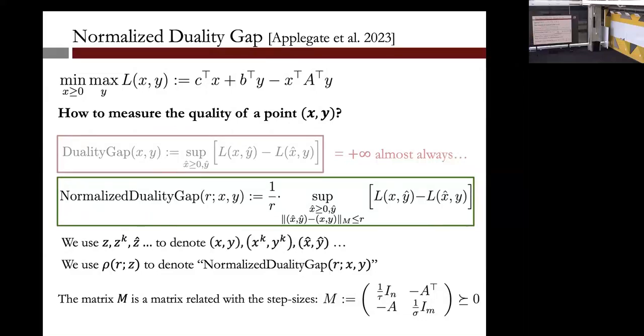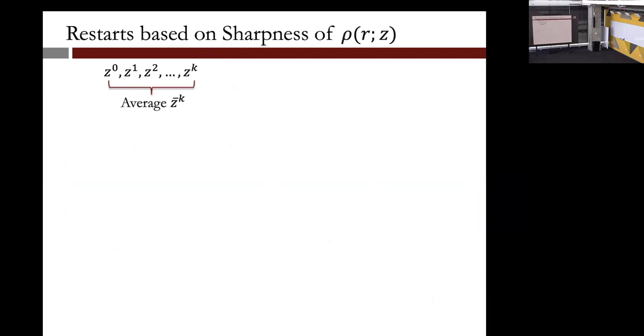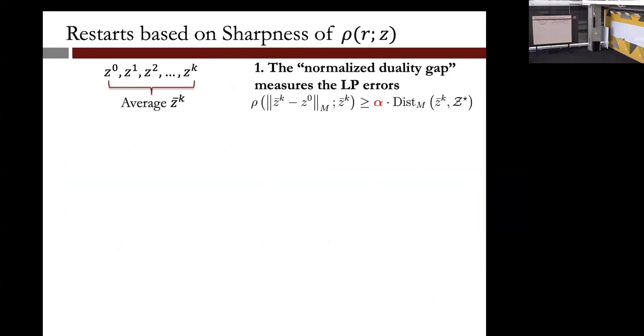And so that's my normalized duality gap, which I'm going to measure things with. And so here's how my restarts work. I run my algorithm, say for k iterations. I'll let z bar k be the average after k iterations. And then maybe I wait till the normalized duality gap is sufficiently small.